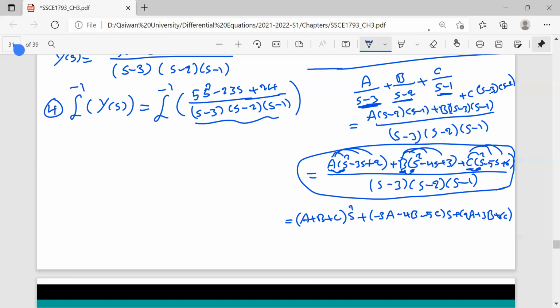This equals 5s squared minus 23s plus 24.